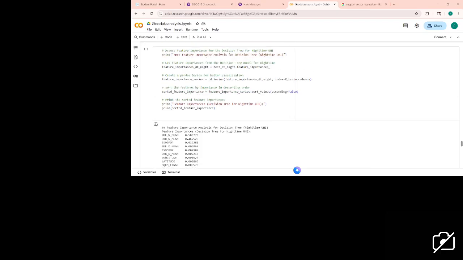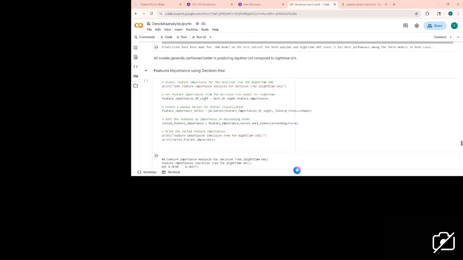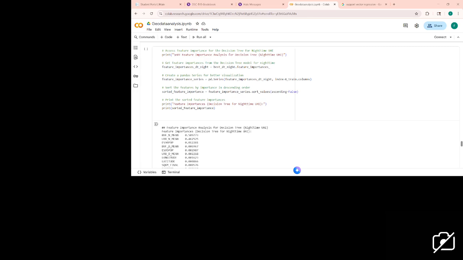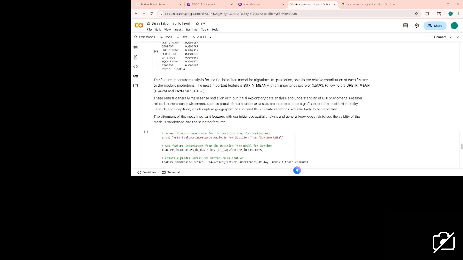Under feature importance for the night, the feature importance analysis for the decision tree for the night UHI prediction revealed the relative contribution of each feature to the model prediction.